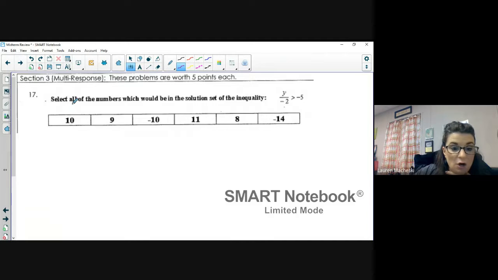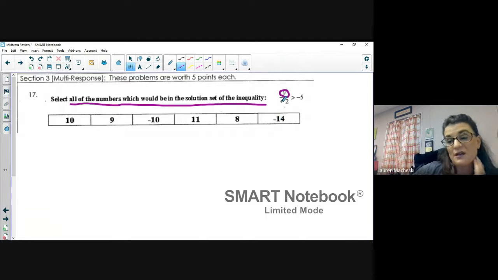So select all the numbers which would be in the solution set for this inequality. If I look at this inequality here, I'm trying to get y by itself. So I somehow have to get rid of that -2. Well, think about this. That's a fraction. -2 is in the denominator. When it's in the denominator, that's division. The opposite of division is multiplication.